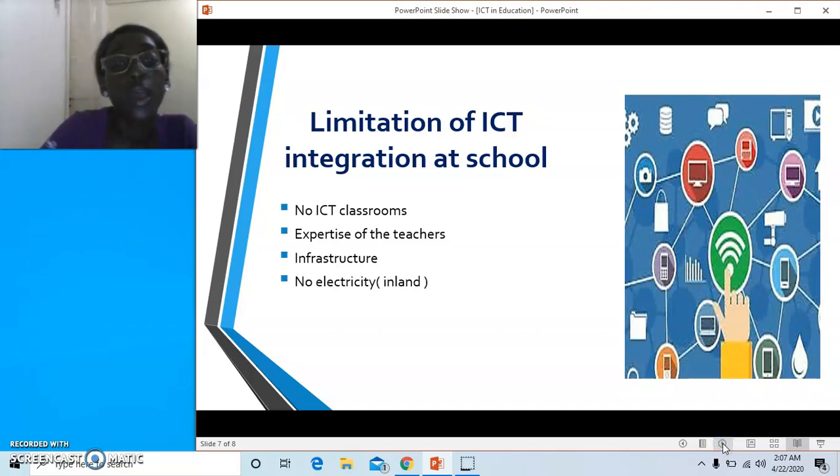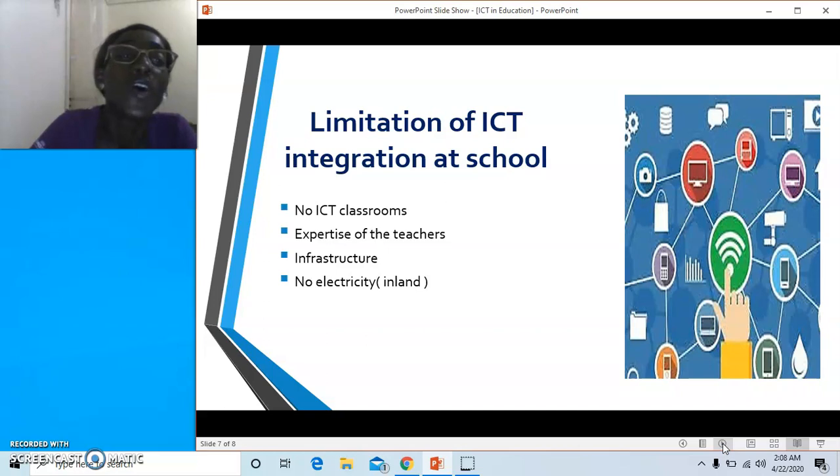And so you have places in Suriname, the inland, where there is no electricity. If you don't have electricity, how can you integrate ICT?